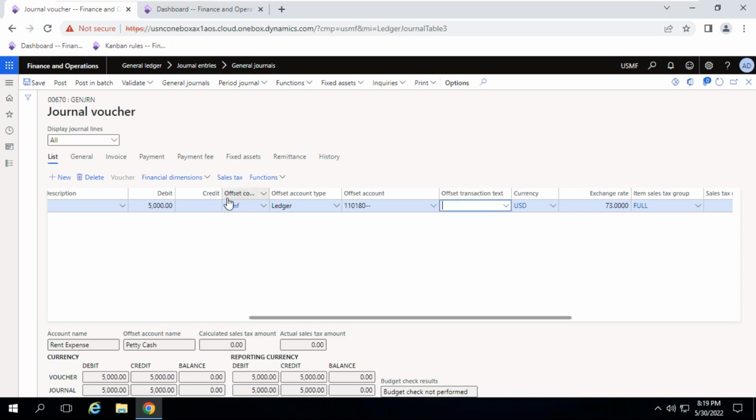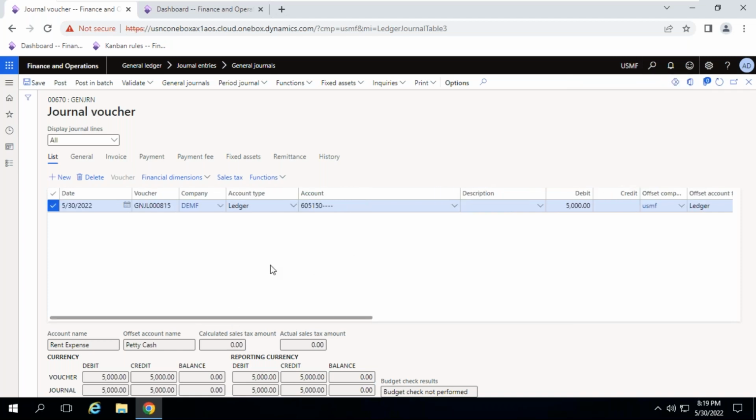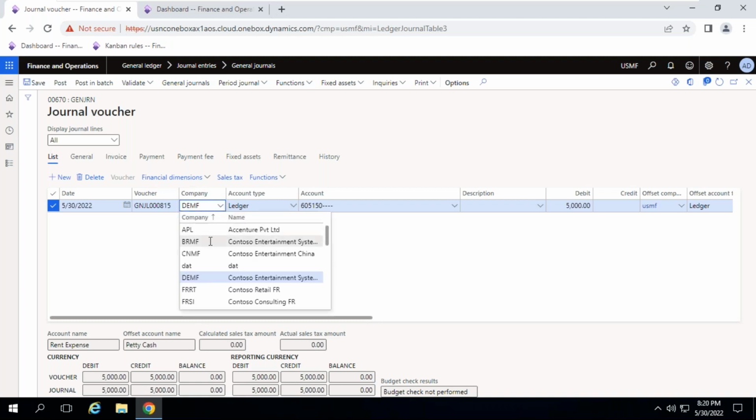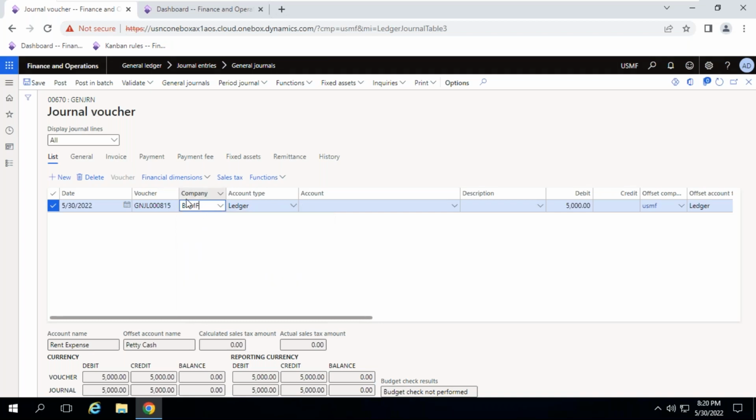This is the USMF company. We are in the USMF company, but we are paying rent expenses for DMF. Suppose if you want to do payment for the Brazil company, Brazil accounts will come into the picture.